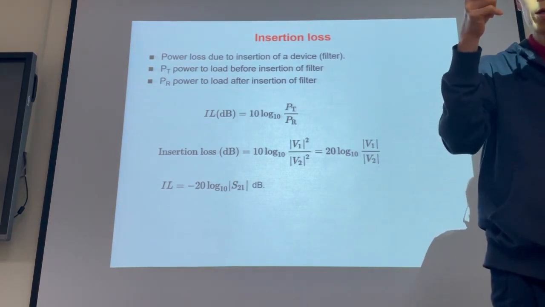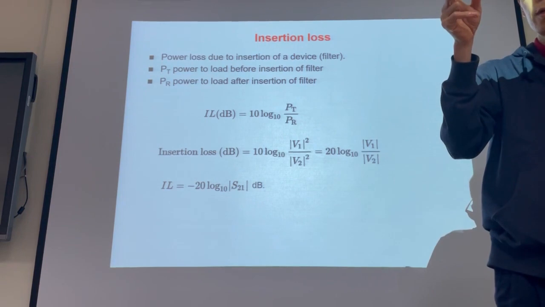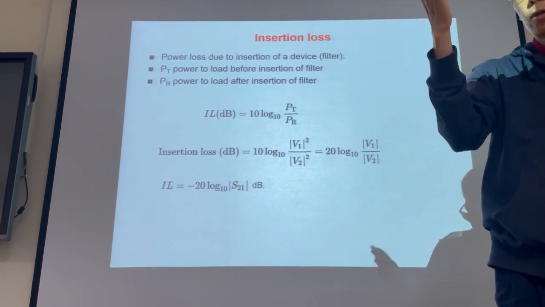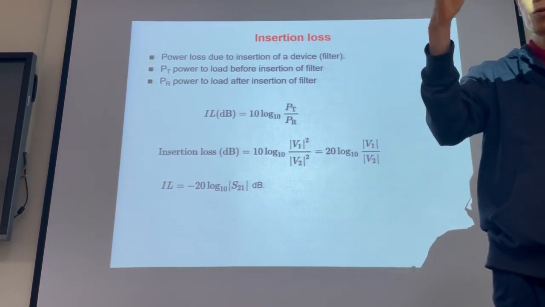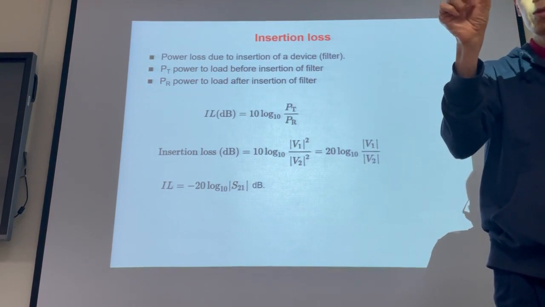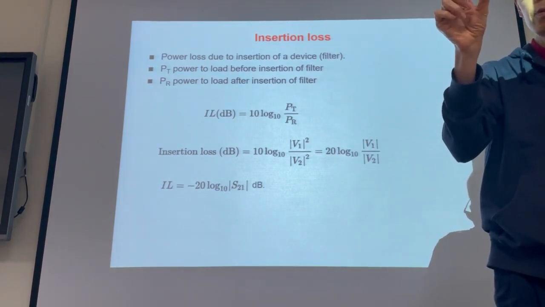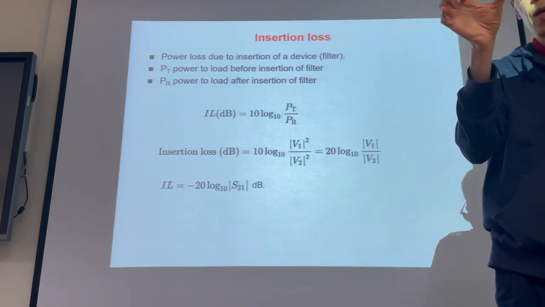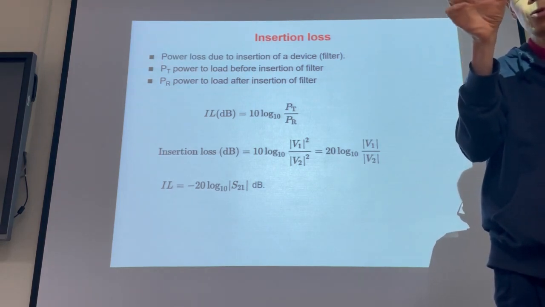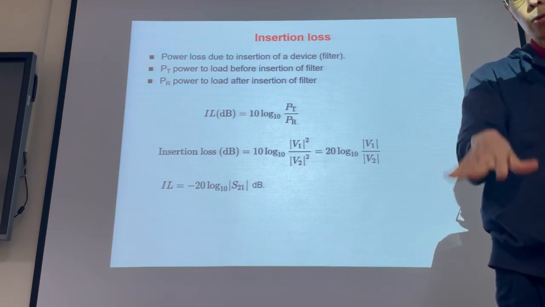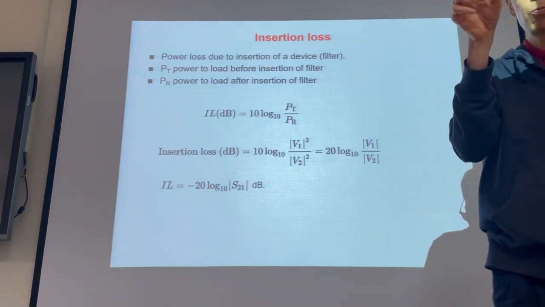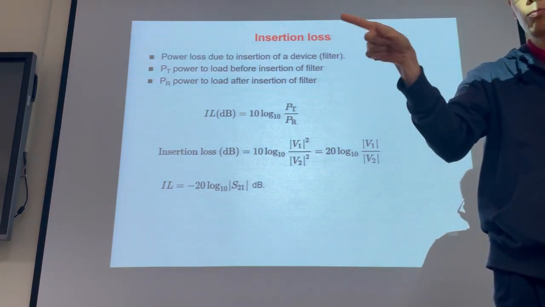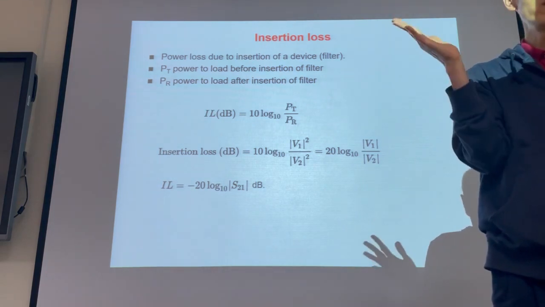If you cut the wire and put a switch between the input and output, this switch has resistance, inductance, and it may have capacitance to the ground. So after you put this switch between the input and output, you have energy loss.